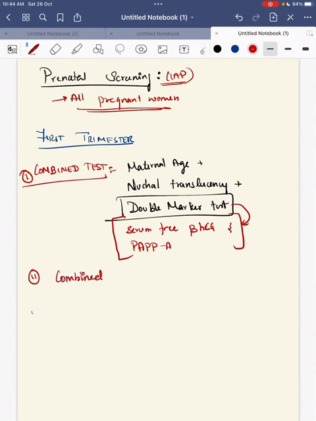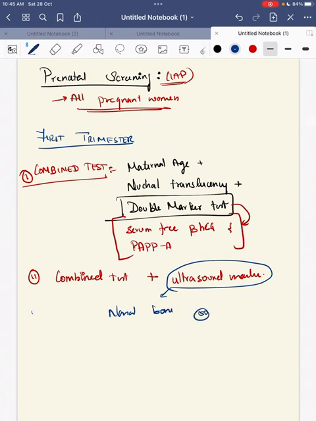Second is combined test, that is these three tests. Along with that, you will be seeing the ultrasound marker. In ultrasound marker, this includes nasal bone or tricuspid flow or the ductus venosus flow.